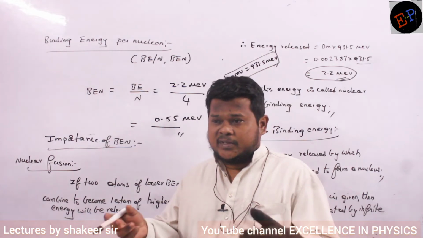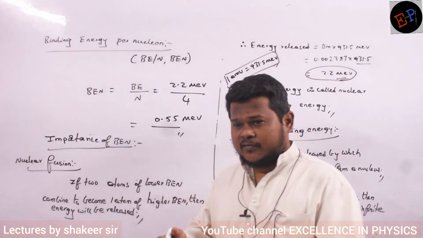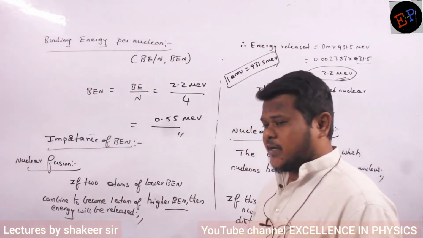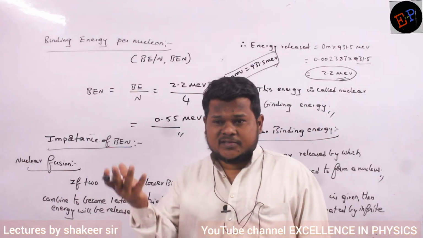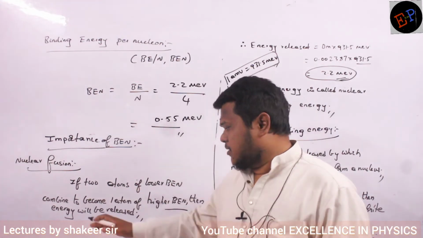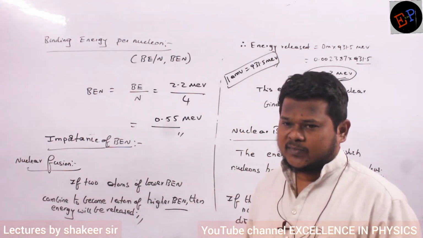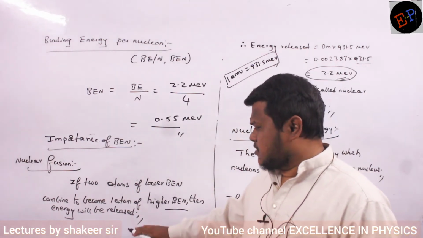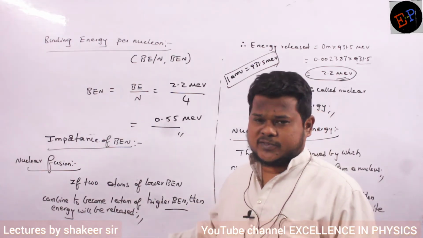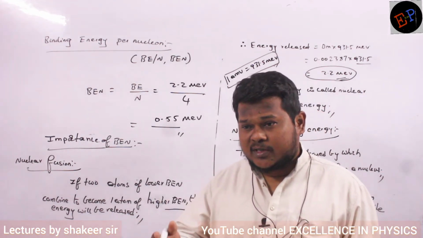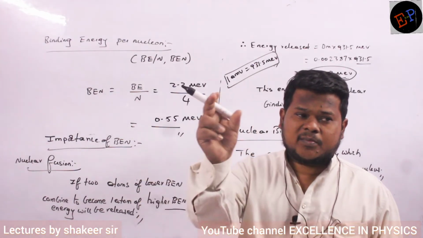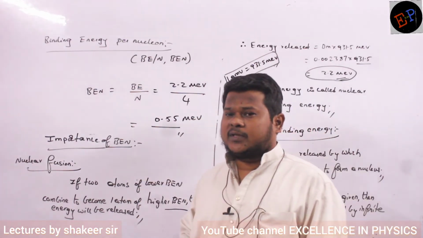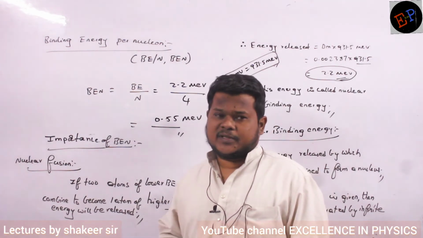So two lower BEN atoms combine, and a higher BEN atom should be created. Higher binding energy means more energy is released, no? So automatically energy will be released. Are you able to understand? So this is the process of nuclear fusion. Lower BEN atoms should combine to become a higher BEN atom. Then energy will be released.